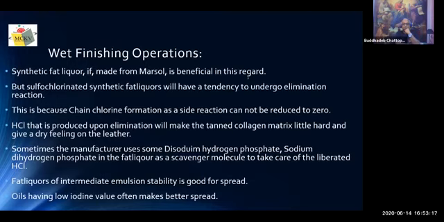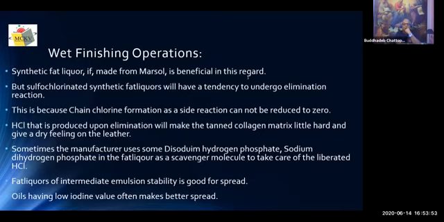When the elimination reaction sets in, hydrochloric acid is produced, and this makes the tanned collagen matrix a little hard and gives a very dry feeling on the leather. Sometimes manufacturers use scavenging agents like disodium hydrogen phosphate or sodium dihydrogen phosphate in the synthetic fat liquor, as a scavenger molecule, which will take care of the liberated HCl and at the same time control the pH because they act as a good buffer also.